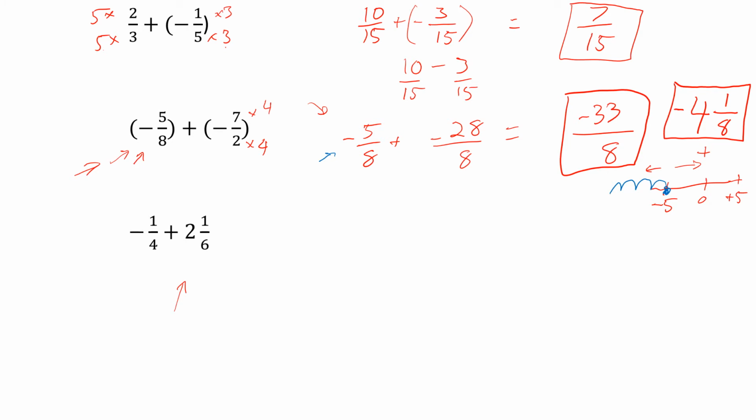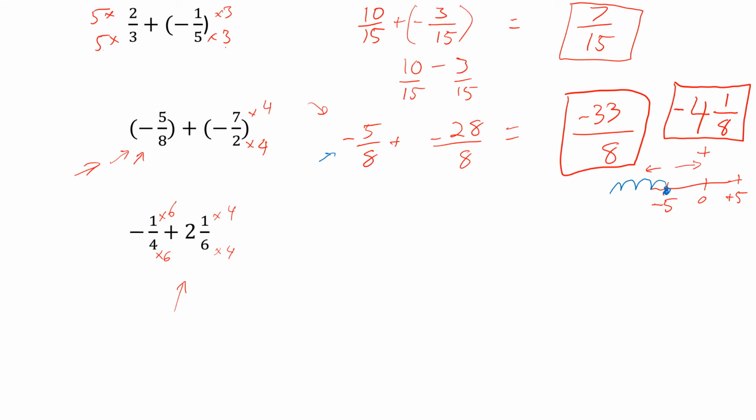And so there's a few different ways that you can do this, but what I'm going to do is we will make our denominators the same. So I'm going to times this one by 6, times by 6 right there, okay? And we can go times by 4 and times by 4 right there.